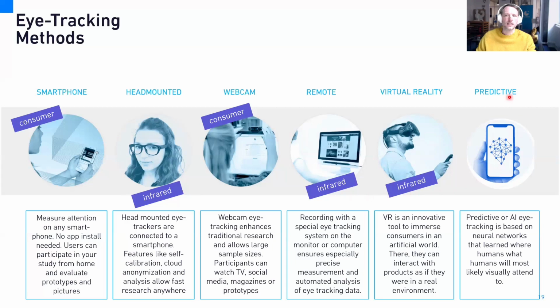And then the latest, I think, the field is the predictive AI eye tracking, where algorithms are trained on human attention data and on saliency data, so where that human attention can be predicted. And that's of course a field that's growing fast.